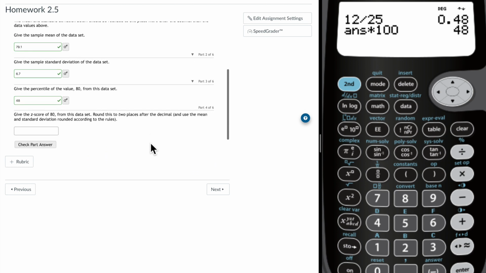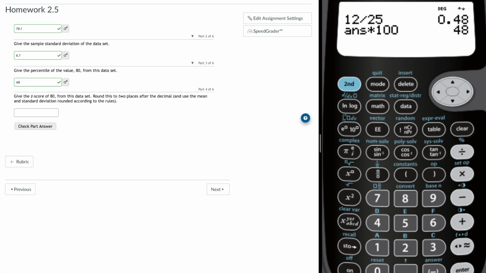So, right, so over here, I can take the x, which is the 80. I'll start by building a fraction. So 80 minus the mean, which is, I guess it's the 79.1. And then we divide by the standard deviation.